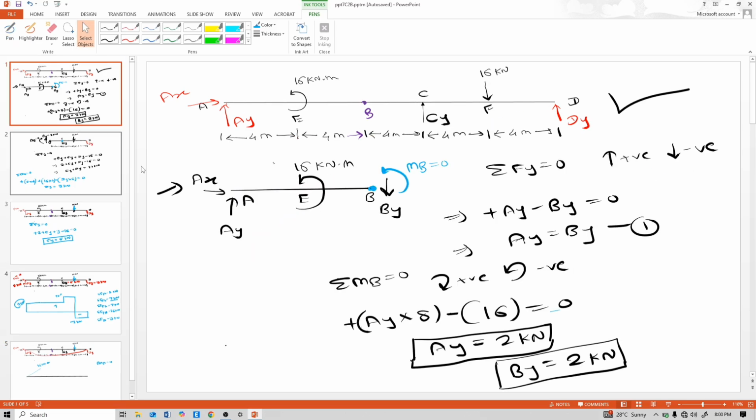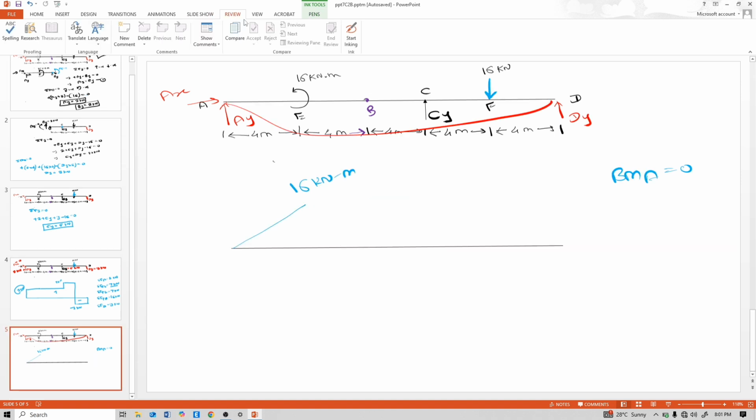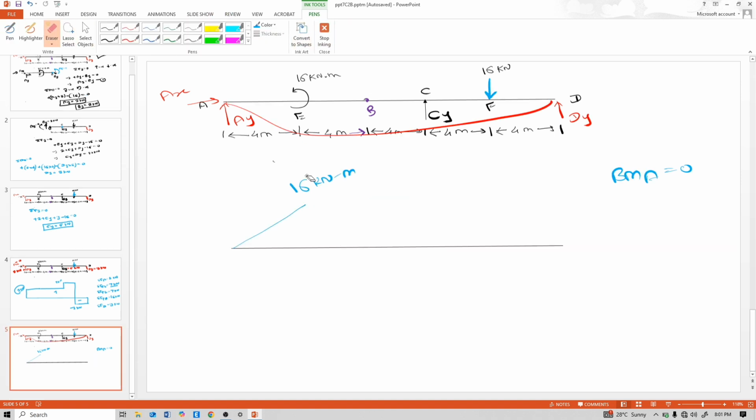This Ay is 2, that's 2 into 4, 8 kilonewton meter. So positive 8, anti-clockwise minus 16. So minus 8 here, downward, minus 8. See, at moment there is suddenly a drop in BMD.